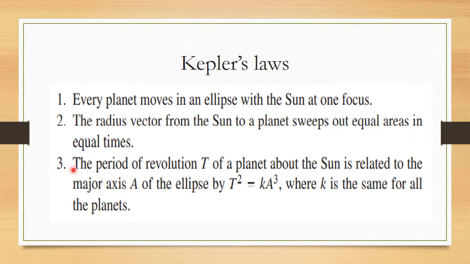And the third one is the period of revolution T of a planet about the Sun is related to the major axis A of the ellipse by the relation T squared is equal to k A cubed, where k is a constant which is the same for all the planets. These three laws were empirically formulated by Kepler from the findings of Tycho Brahe, right?